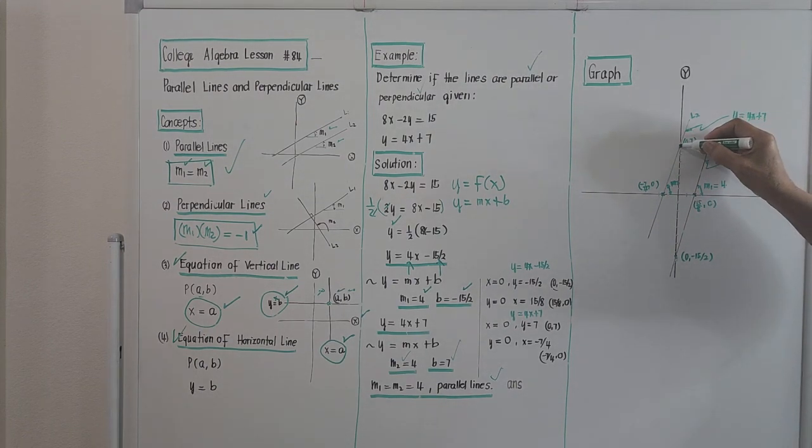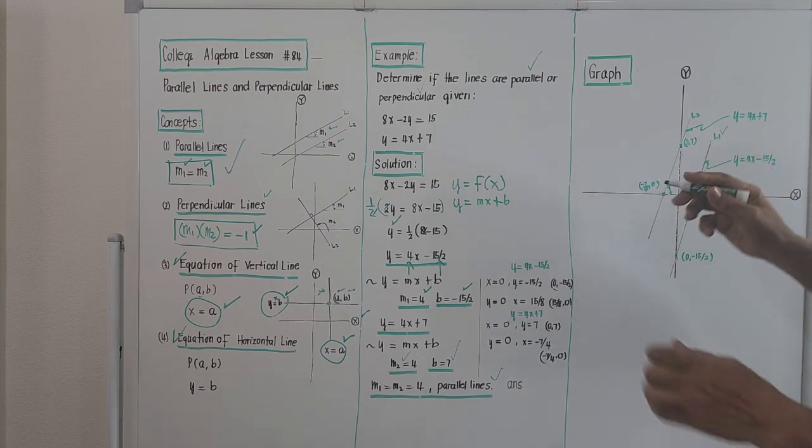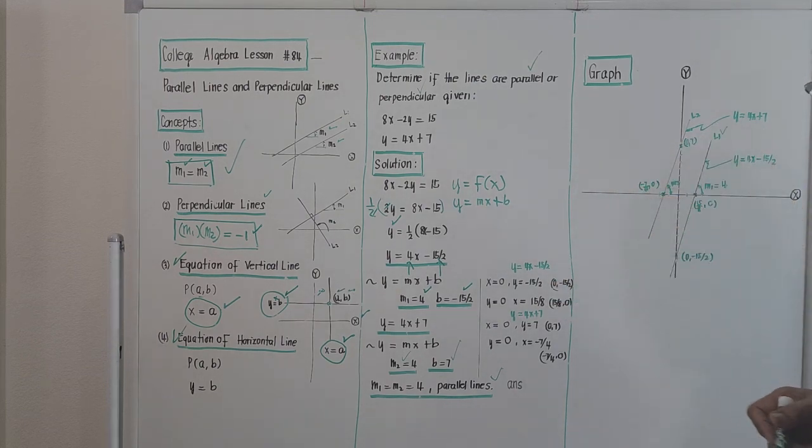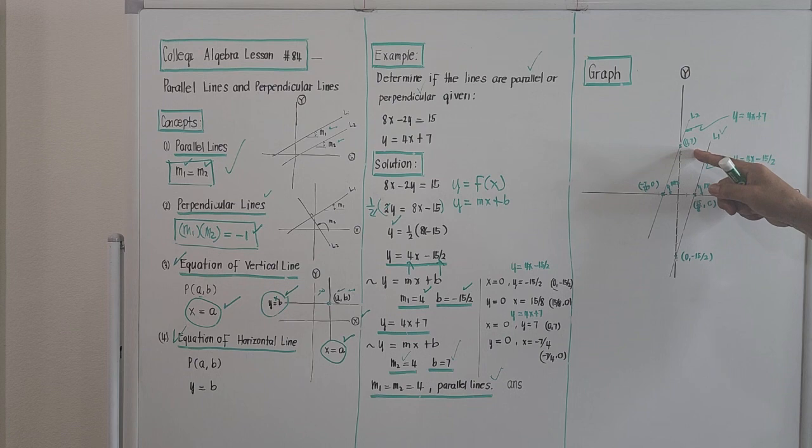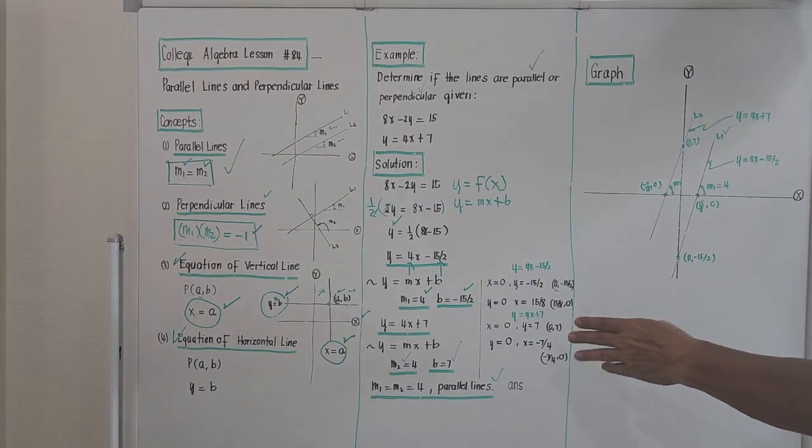So this point here will be the coordinates (0, 7). It is the point where the line crosses the y-axis, or y-intercept.